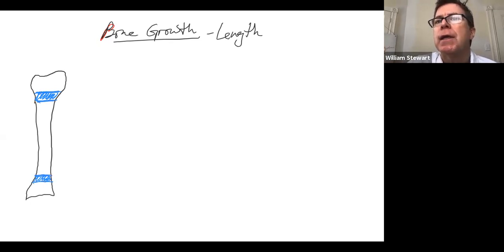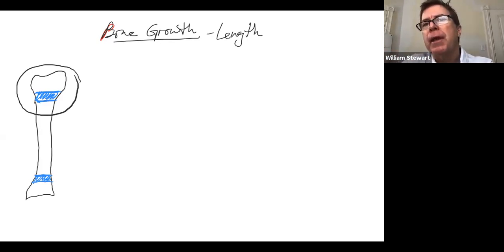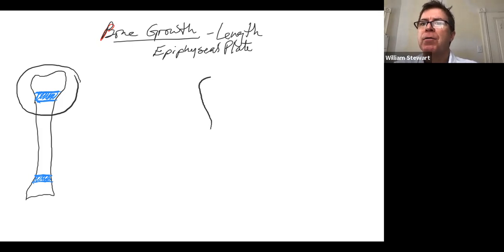What I'm going to do is magnify or enlarge this so that we can really look at the activity of a growth plate. Remember, a growth plate, you and I call it a growth plate. The scientific term is epiphyseal plate. Okay, that just means growth plate. So at the epiphyseal plate, there are different areas of growth. So let me magnify, and I'm going to draw the top of this bone really big.